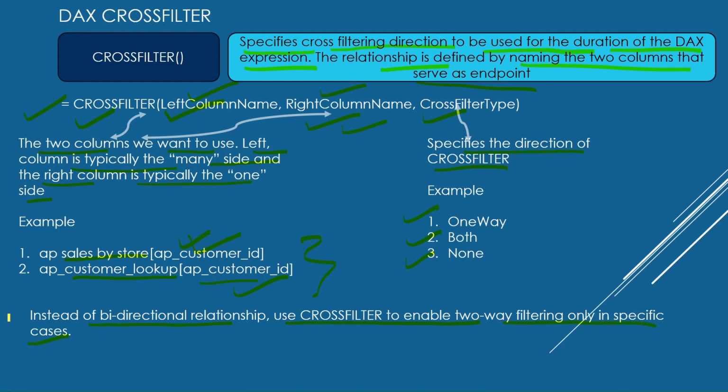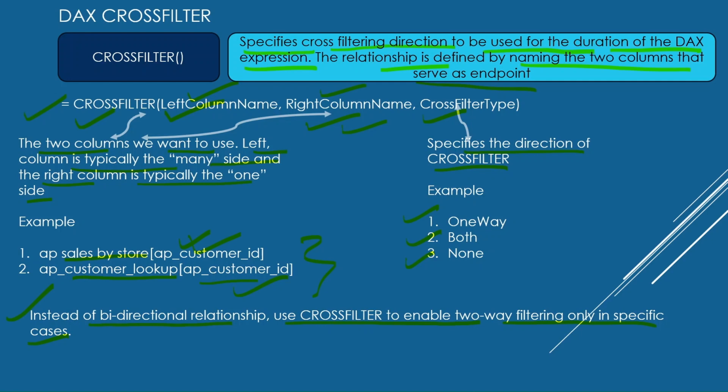So let's understand this statement. A bidirectional relationship is not needed every time during the creation of a report. Only in a very specific use case will it be required to enable a both-way, bidirectional relationship, and it would be specific to the calculation of certain things, available only until the DAX expression evaluates something.